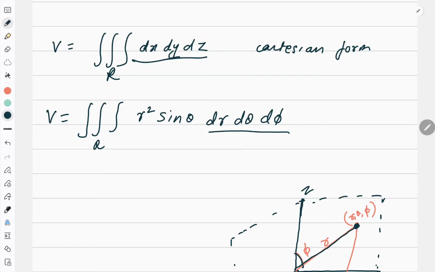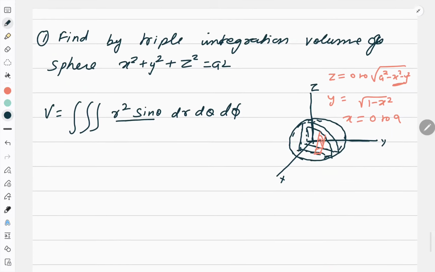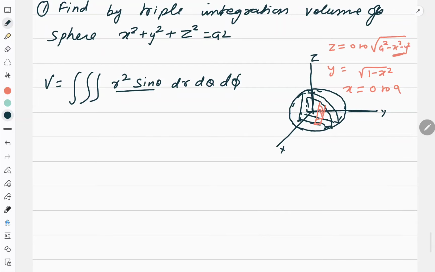When you find the Jacobian of the spherical coordinates, the answer is r square sine theta. This is how we convert coordinate systems. All the mathematical tools you learn in engineering have a lot of application if you go in depth. Now come back to this.